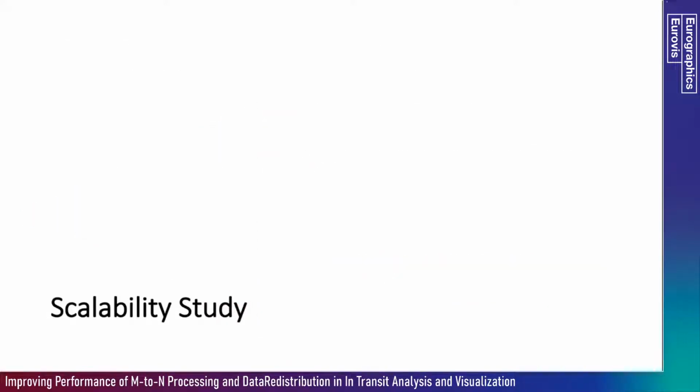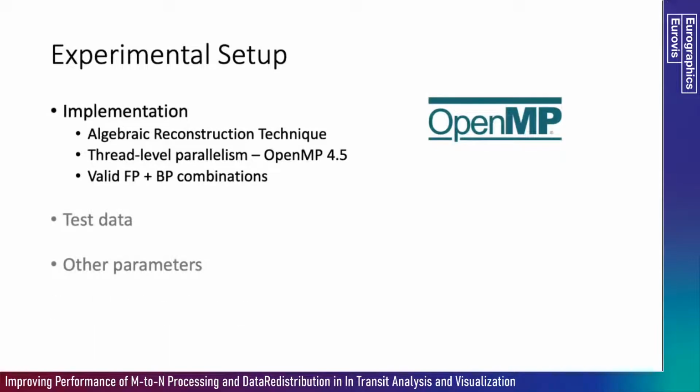Okay, with these parallelization strategies then, let's take a look at the results of using them in our performance study. Our implementation focuses on the algebraic reconstruction technique, and we use thread-level parallelism expressed in OpenMP in our benchmarks.